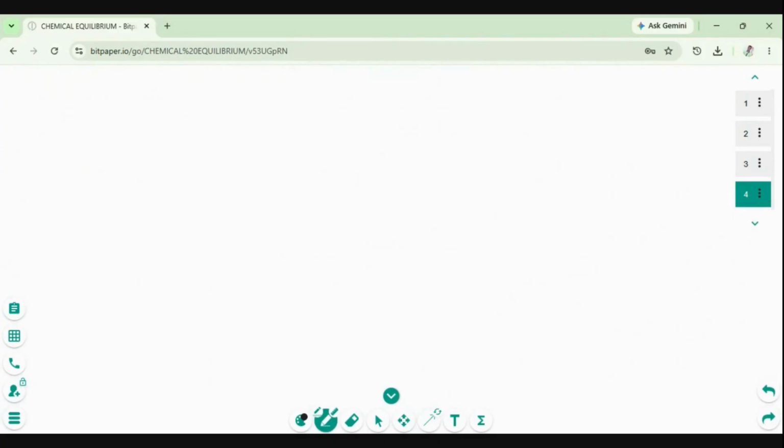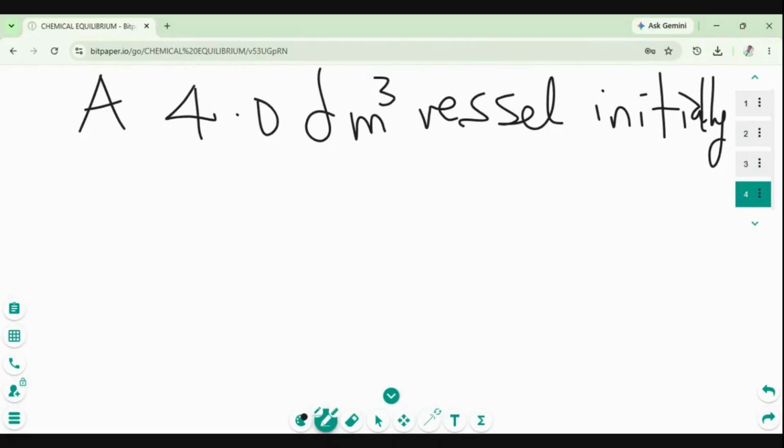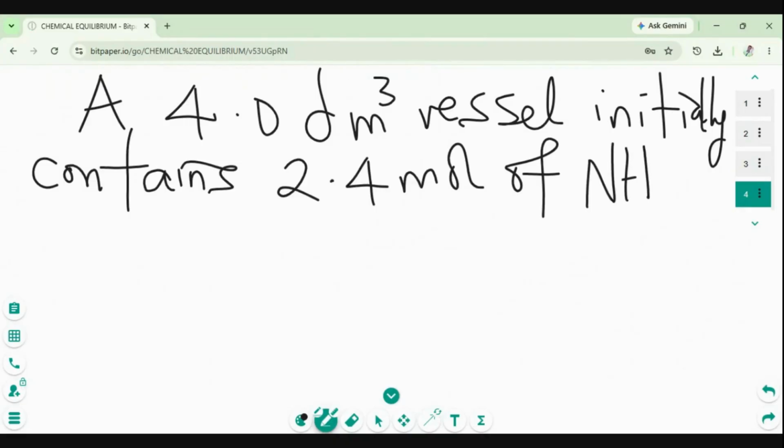Let's say this time we still have a 4 decimeter cube vessel that initially contains 2.4 moles of ammonia.